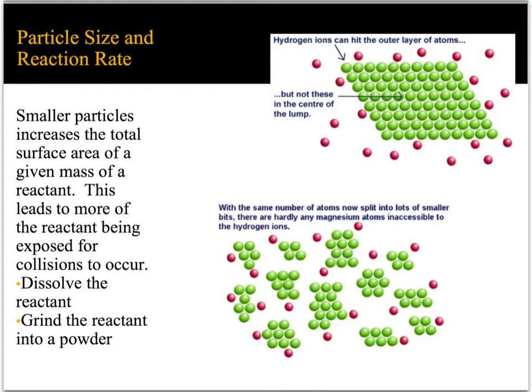Another way to impact reaction rate is by adjusting particle size. And these pictures actually show it well. This is a reaction between hydrogen chloride and magnesium. The green illustrates the magnesium, and the red are hydrogen ions that come from the HCl.